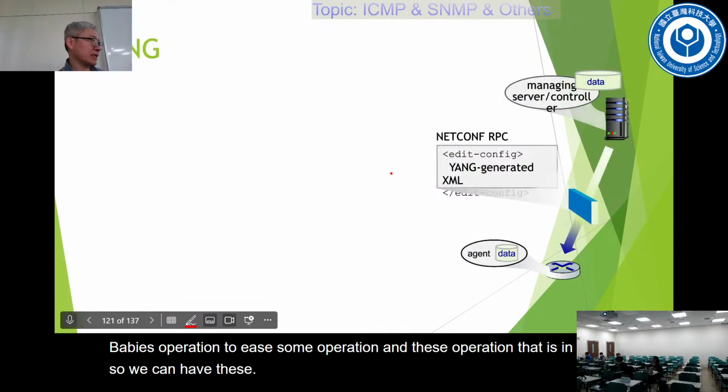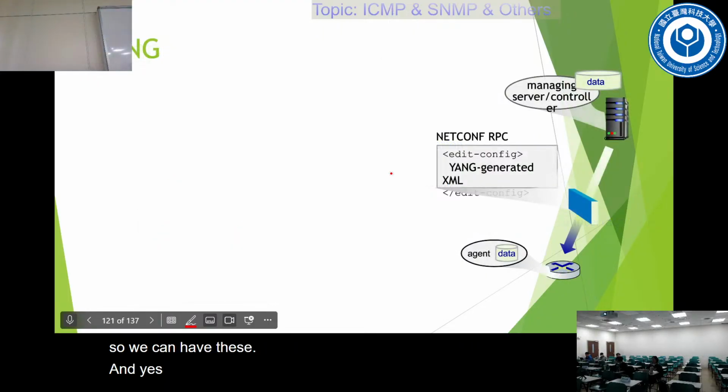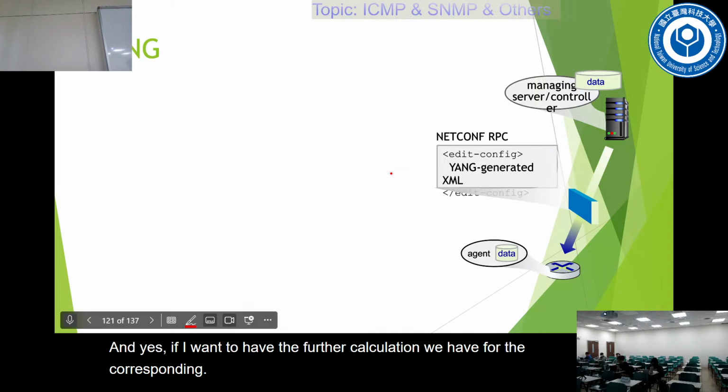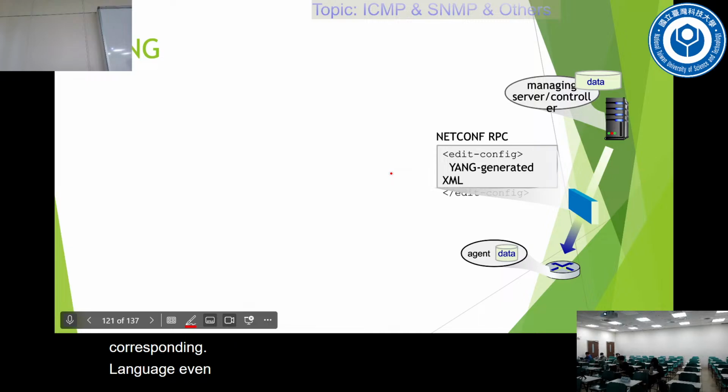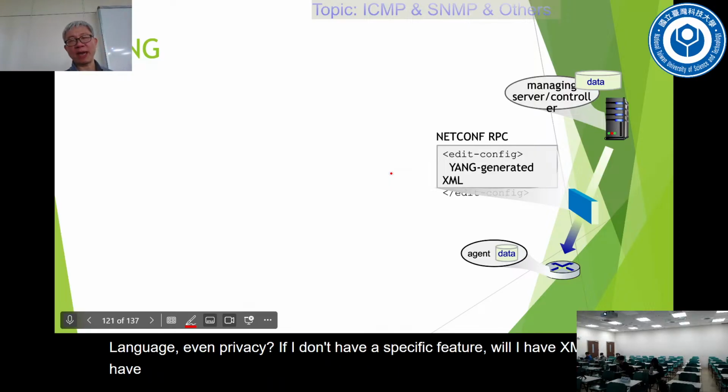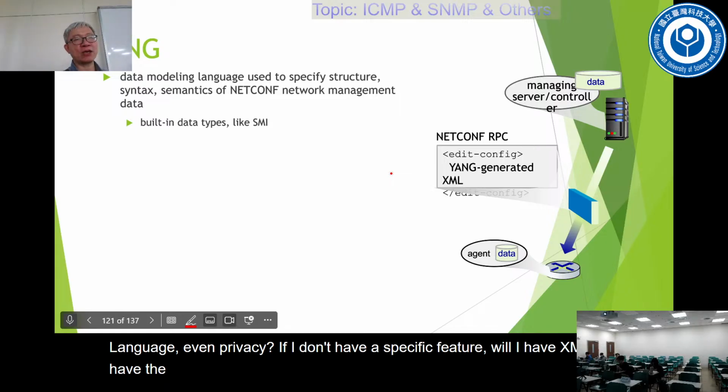And yes, if we want to have the further configuration, we have the corresponding language. Even previously, if you don't have the specific description, we will have XML to have the format. But we can provide you this.